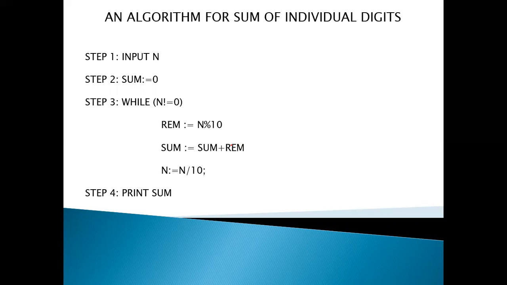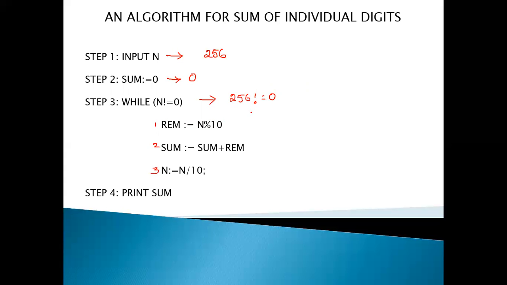This is one example, the sum of individual digits. Here the user is going to input a number. In our example, I am going to take 256 as the number. First, sum is initialized to 0. After that, the condition is n not equal to 0. These three statements will be repeatedly executed.